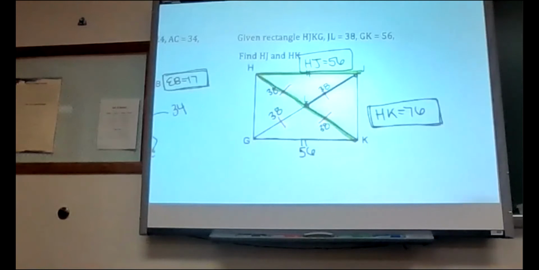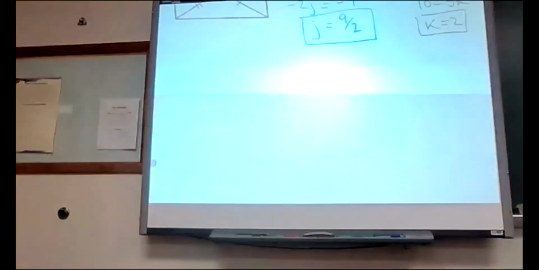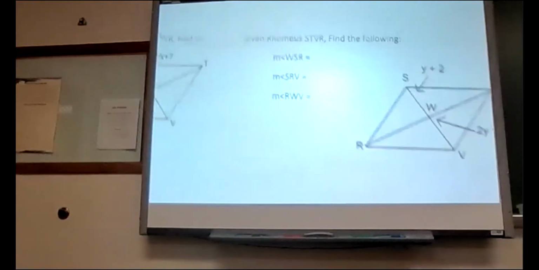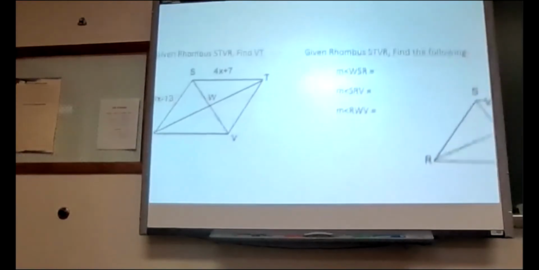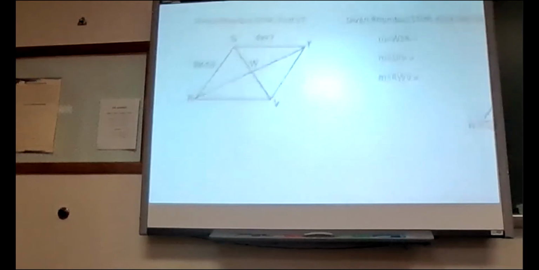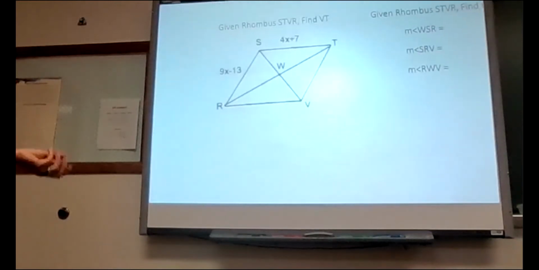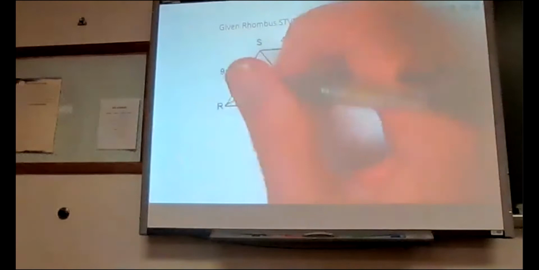So with our rectangle and rhombus, the special properties about them are always about the diagonals. With the rectangle, the diagonals are congruent. With the rhombus, the diagonals bisect the angles and are perpendicular in the middle. So if you flip this, and we'll go back to square after we're done, there's a couple using our rhombus properties. The other thing that's special about our rhombus is that all of our sides are the same.